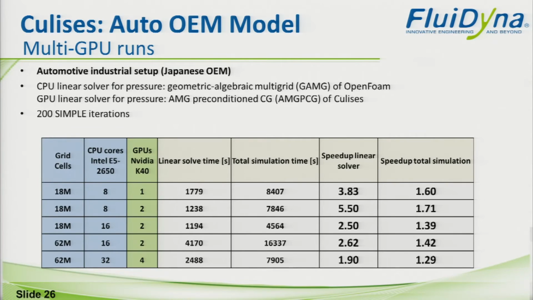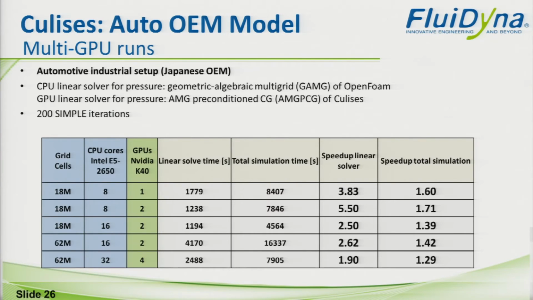These results are over 200 iterations. The study is done on two different meshes, one with 18 million cells and the other with 62 million cells, and we have used different numbers of CPUs and GPUs.